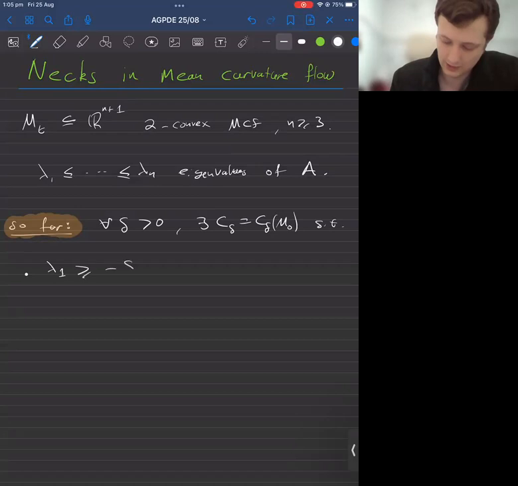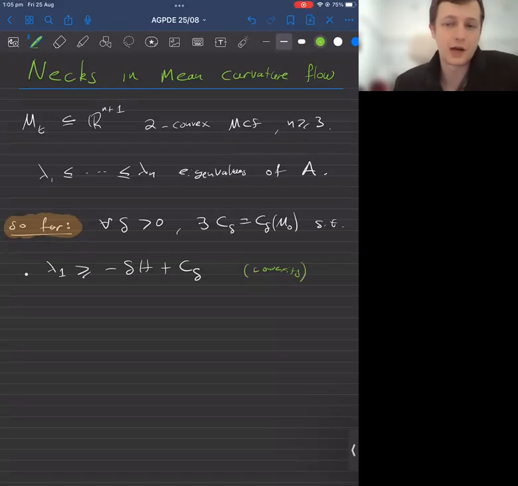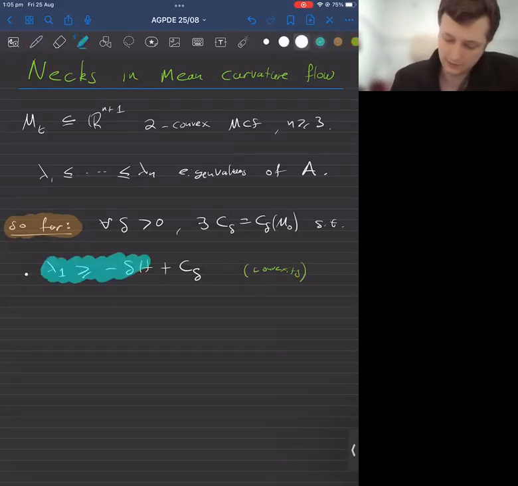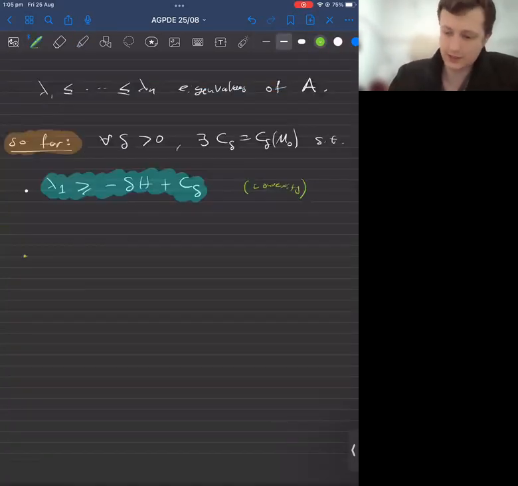So we get this nice convexity estimate. If we rescale around a region of high curvature, we're going to yield a surface which is convex. That's what that means.